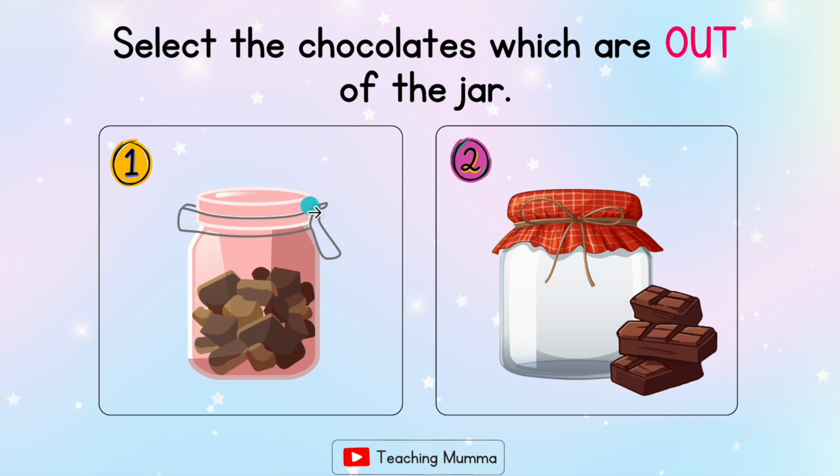The lid of this jar is closed. And in option 2, the chocolates are outside the jar and the jar is empty. So what is the right answer? Where are the chocolates out of the jar? Option 1 or option 2? Correct. Option 2 is the right answer.